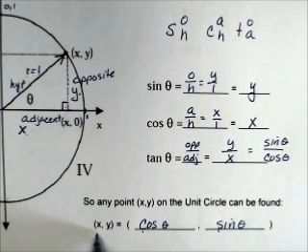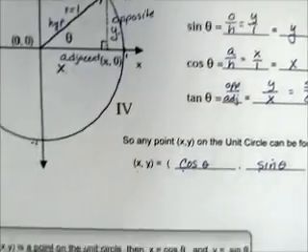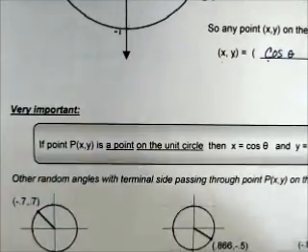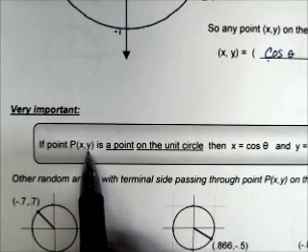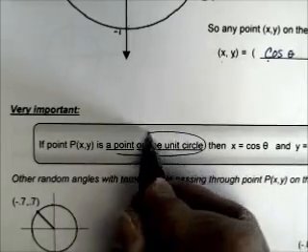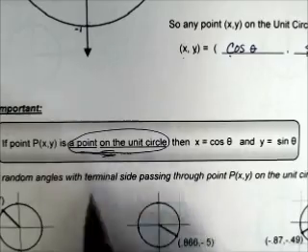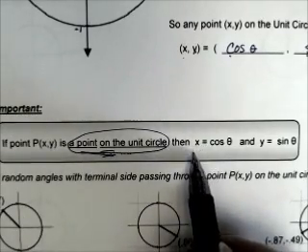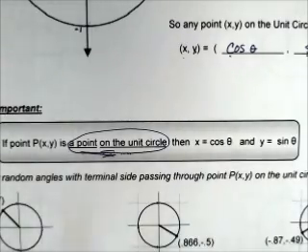So x-coordinate is equivalent to the cosine of the angle, y-coordinate is equivalent to sine of the angle. It's very important to remember that. If point P, having coordinates x, y, is a point on the unit circle, as long as it says a point on the unit circle, then the x-coordinate is equal to cosine of the angle, and the y-coordinate is equal to the sine of the angle.